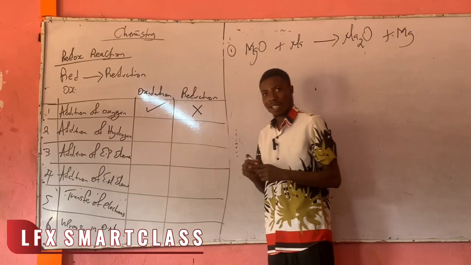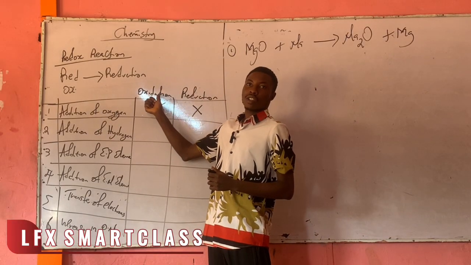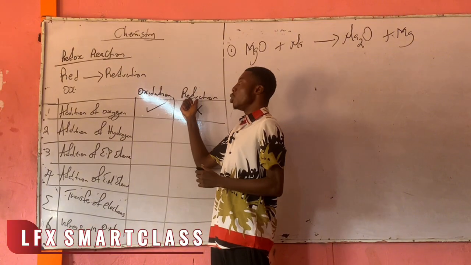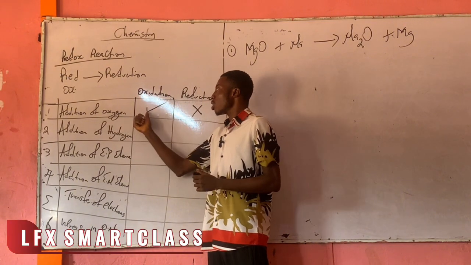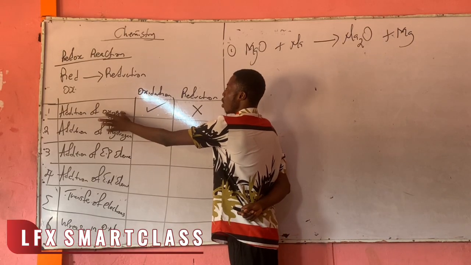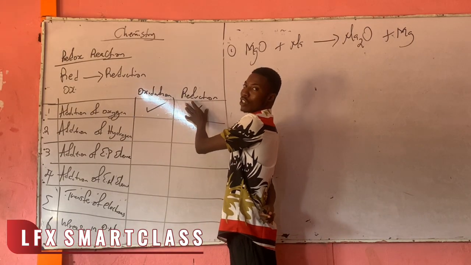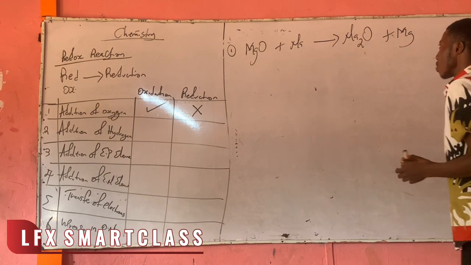I don't know if I'm making sense to you. If you add oxygen, you get oxidation, you will not get reduction. So addition of oxygen is oxidation. But if you remove oxygen, you will get reduction.